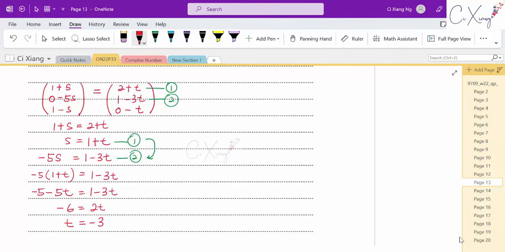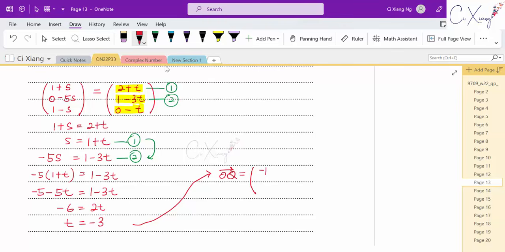Once we get the value for either t or s, you don't need to find both actually, because they're asking for the position vector for the intersection point, right? As long as you get one value, either the t value or the s value, you can already get the intersection point. So the intersection point is the position vector for Q, which is OQ. To get OQ, you substitute t into the whole equation here to get the coordinates for Q. So 2 minus 3, I get negative 1.